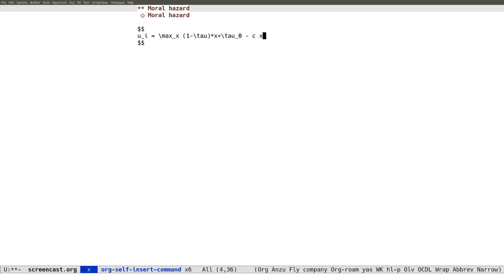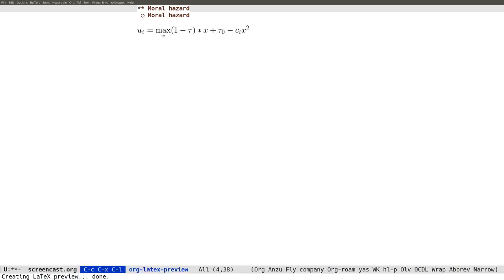And finally, there is an effort cost for the agent of earning a certain income. So agent i has an effort cost Ci times the income that is earned, and the more income you earn, the higher the cost and the marginal cost of work will be. This is the utility function that we're going to be working with. And the assumption here is that Ci is private information.